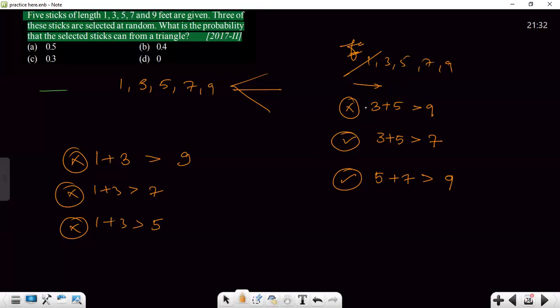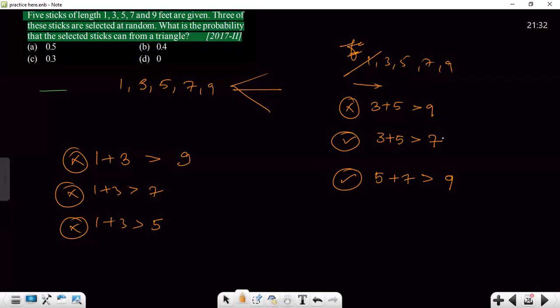Are we missing something? 3 plus 5, 8. 3 plus 5 is greater than 7. Okay, we have taken this example. What else can we consider? 5 plus 9, 14. No, it's not greater than anything else.